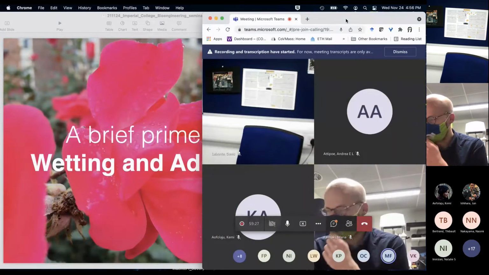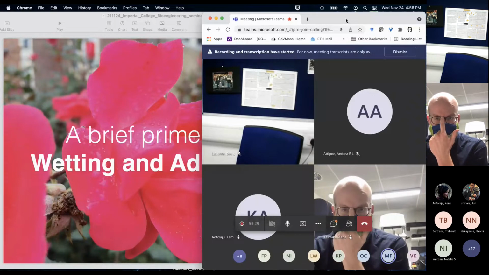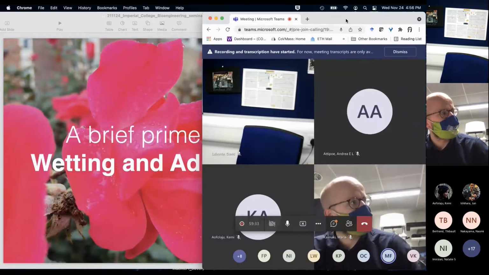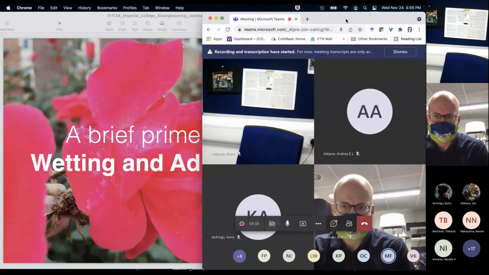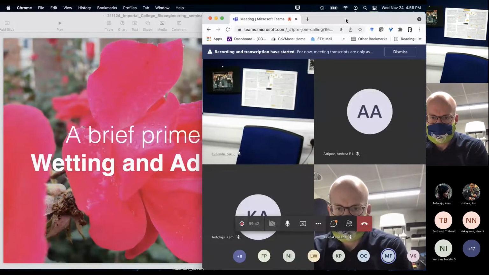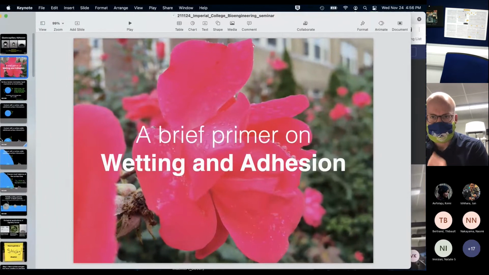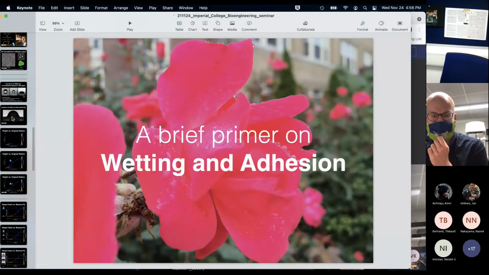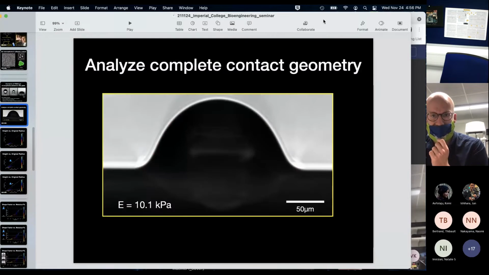PDMS has a surface tension of about 20 millinewtons per meter, so that's 3.5 times less than water. Its capillary length should then be about 3.5 times less, so just under a millimeter. And these are tens of micron scale particles, 100 microns at the most. So gravity shouldn't matter for these guys.